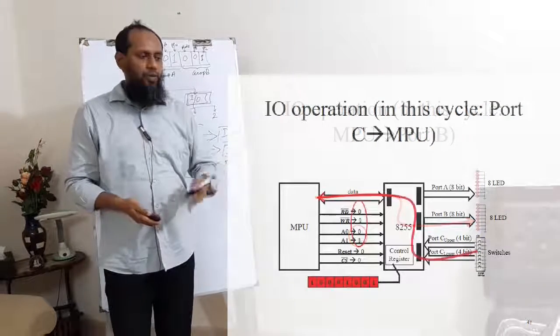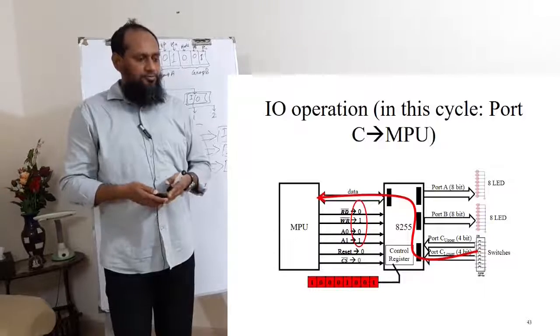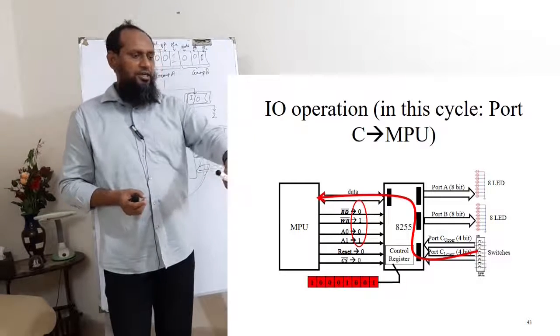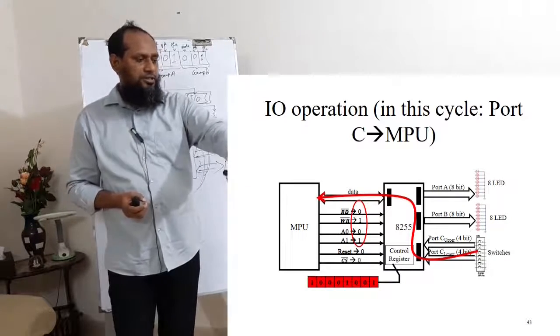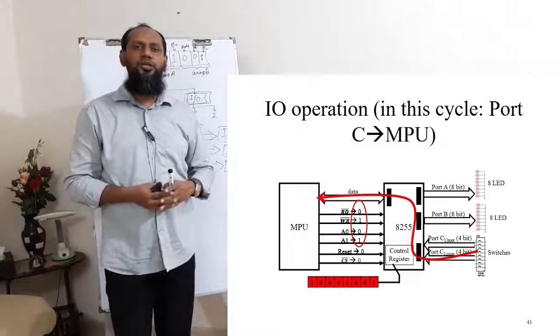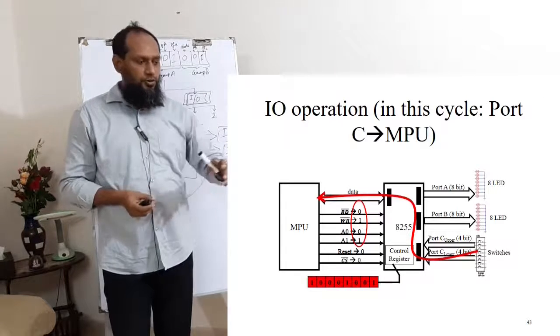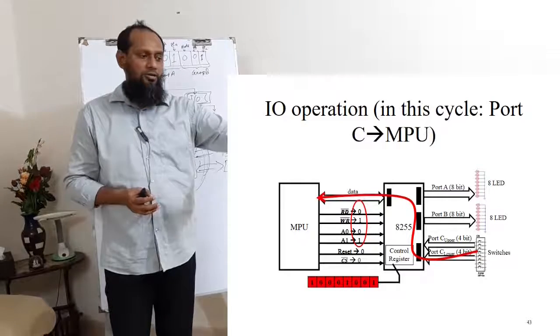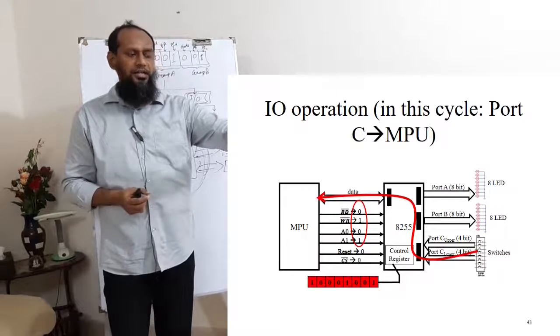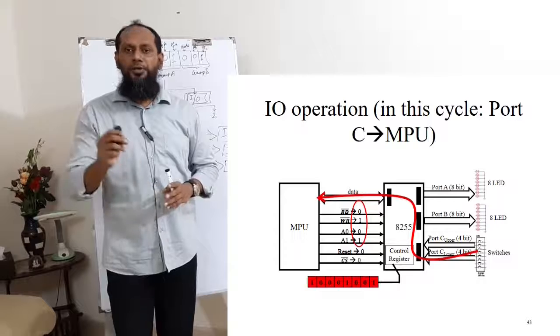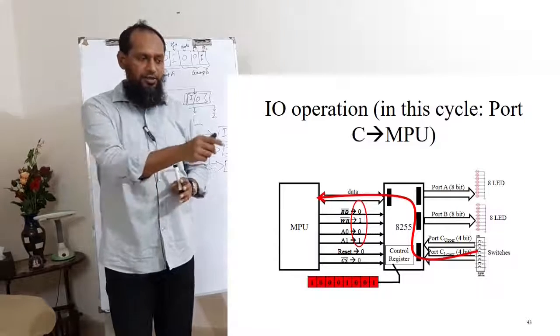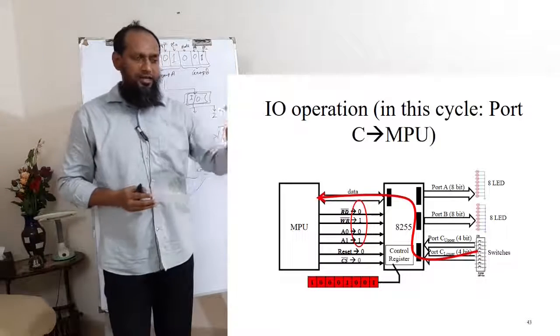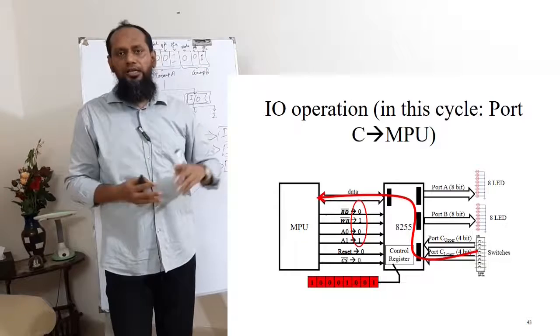In the same way, you can see data is coming from port C to our microprocessing unit. So to do this, our read signal should be activated. Our MPU will activate the read pin for the 82C55, and then deactivate, or set to 1, the write.